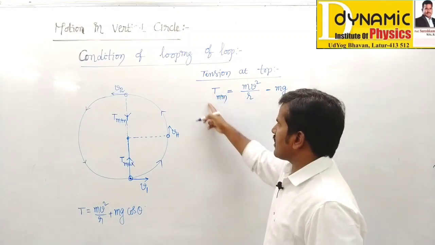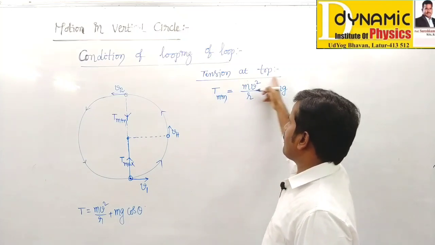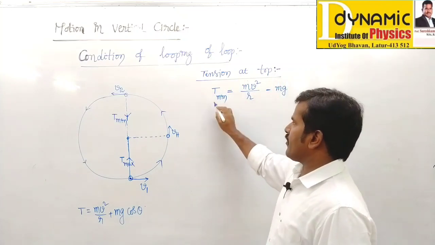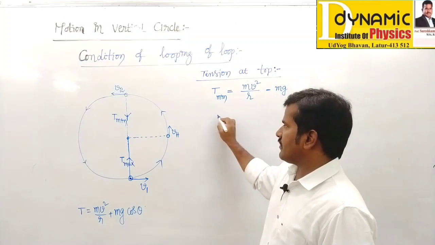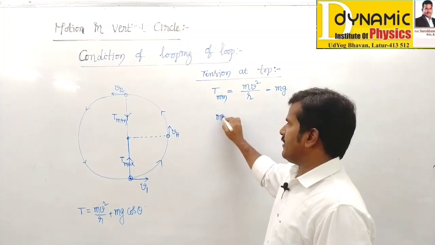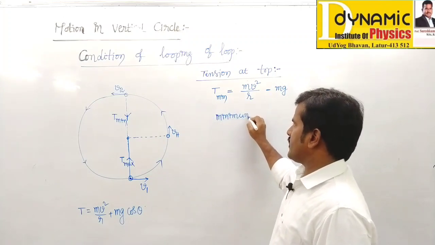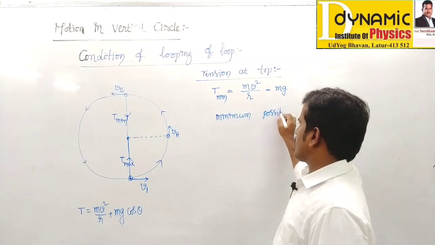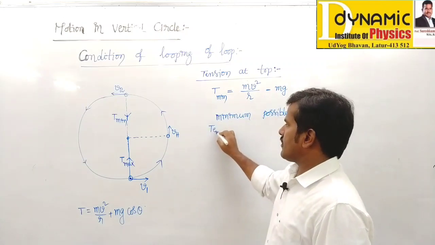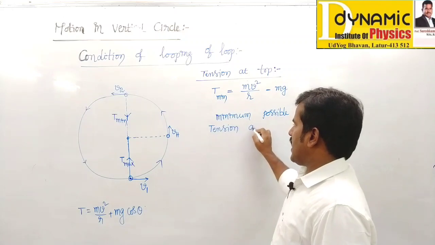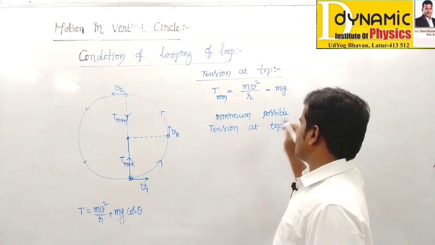The minimum possible tension at the topmost position becomes 0. That means this is the minimum possible tension at the topmost position.